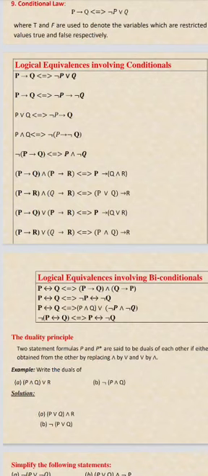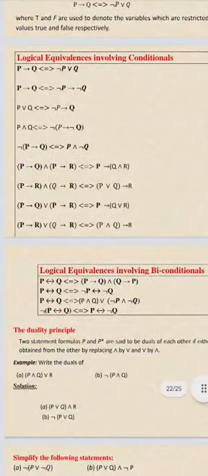First formula: (P to Q) and (P to R) is equivalent to P to (Q and R).